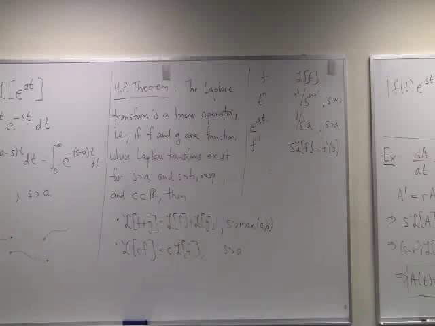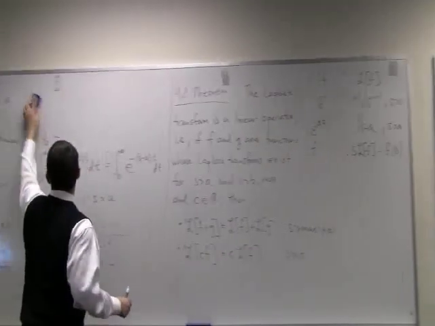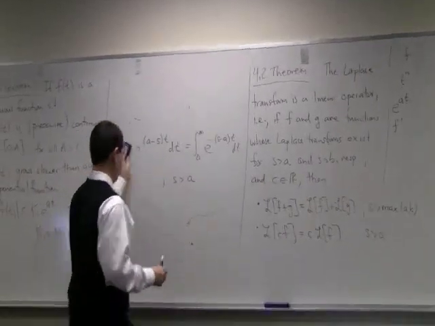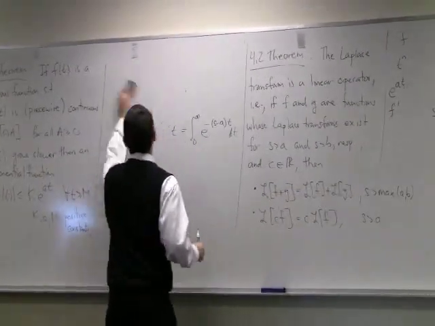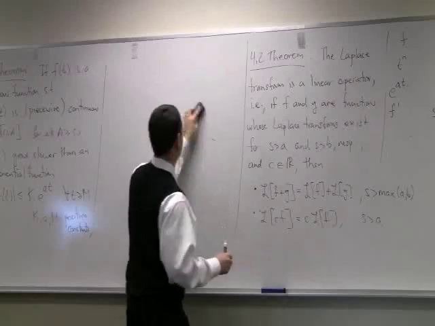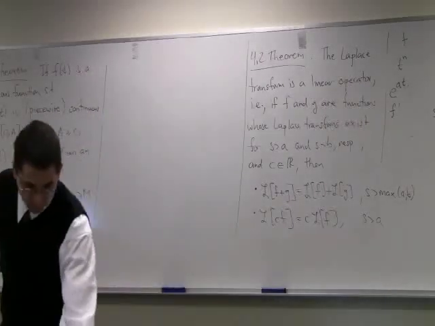Now, I'm going to write down one more technical thing, which is that essentially these same, we'll forget about the f prime of t, but this growth hypothesis is going to ensure that the Laplace transform of a function exists. So that's just something nice to have around, so that we know we can take Laplace transforms of reasonable functions.